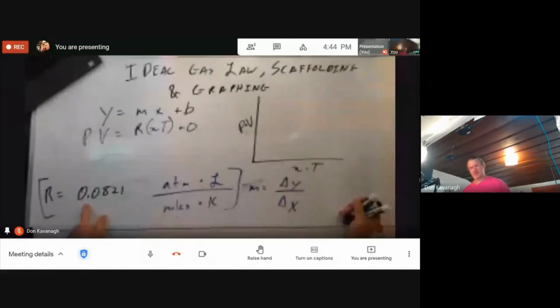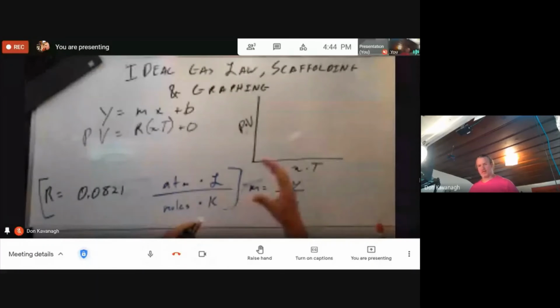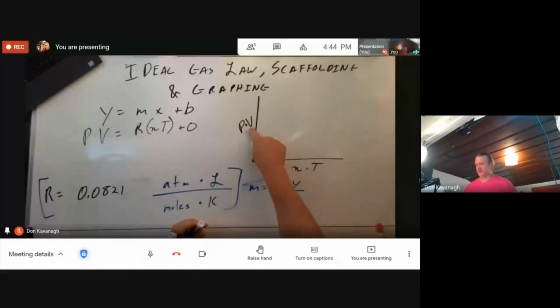So what this means is when people took a cylinder or a balloon of gas and measured these four things every time, the number of moles, the temperature, the pressure, and the volume, they would take the values for pressure and volume, multiply them by one another, and get a data point.